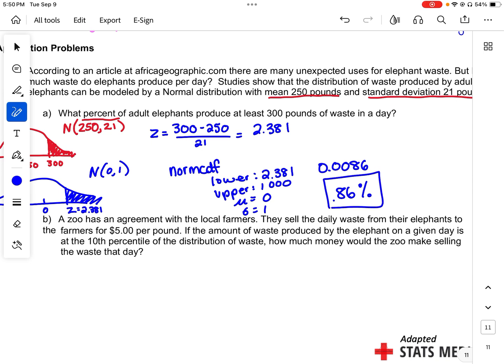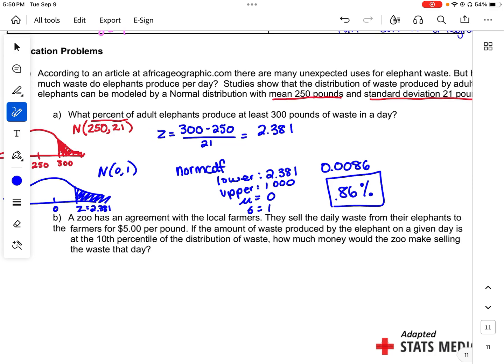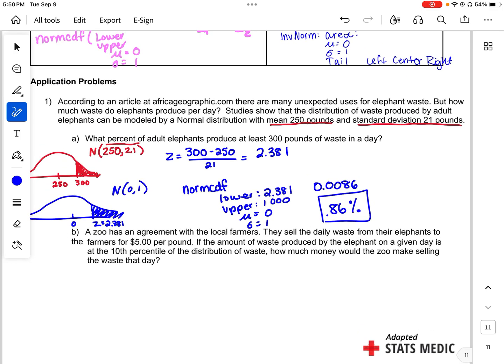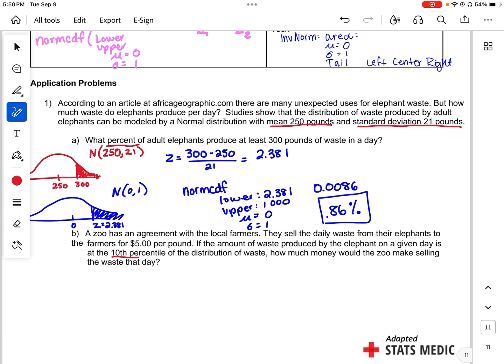Okay, let's look at B. Go ahead and read that. Okay, so it gives us the 10th percentile. So it gives us the percent. So 0.10 is what it gave us. So let's write, oh, that was pretty rough.